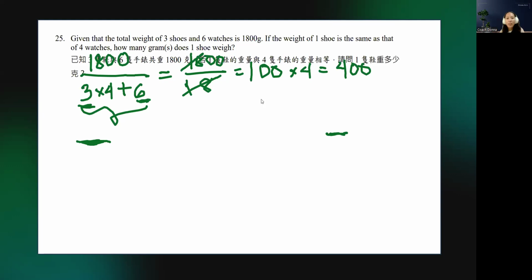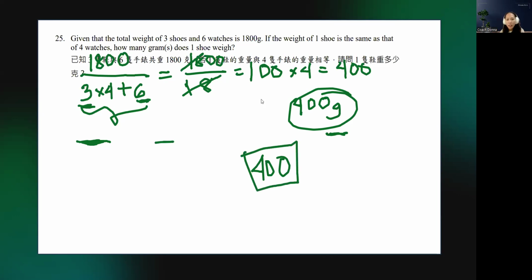So the weight of the shoe is 400 grams. All right? 400. You don't need to put grams because it's already shown in the problem. All right. You have questions for this problem? Question.